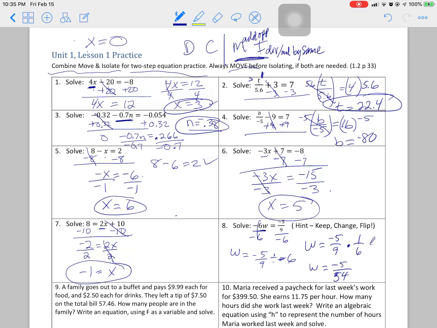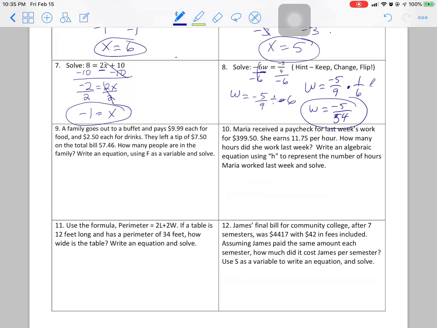So I think that's it. Yes, you could check that still, but that'd be kind of a pain to check. I'm going to do it anyway, over here. Negative 6 times negative 5 over 54 equals negative 5 over 9.